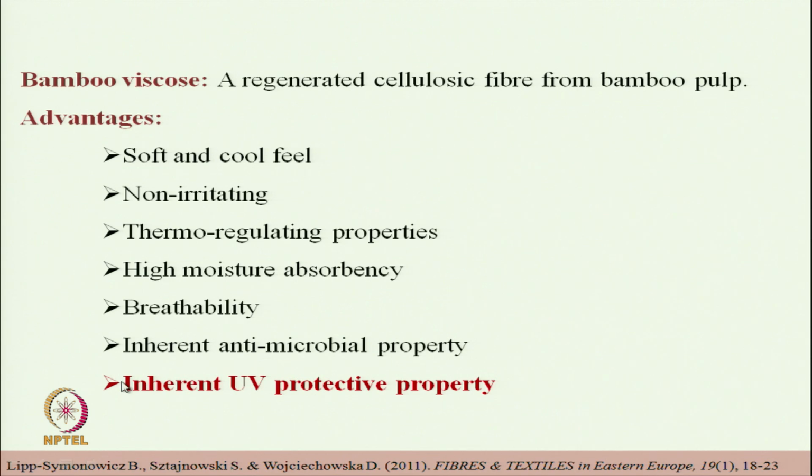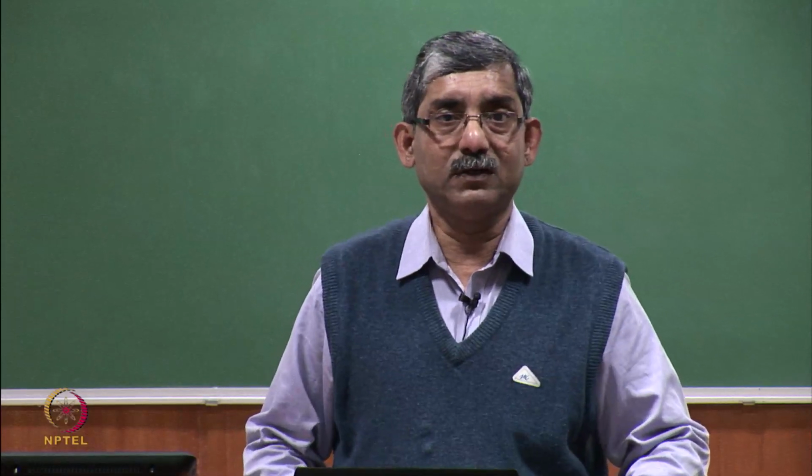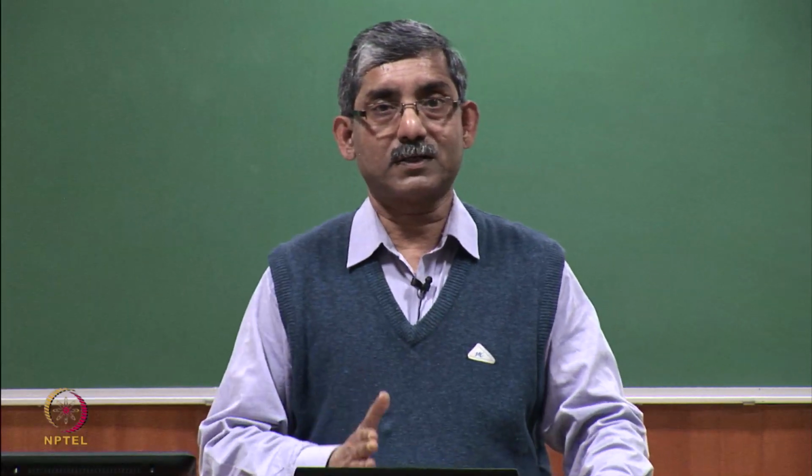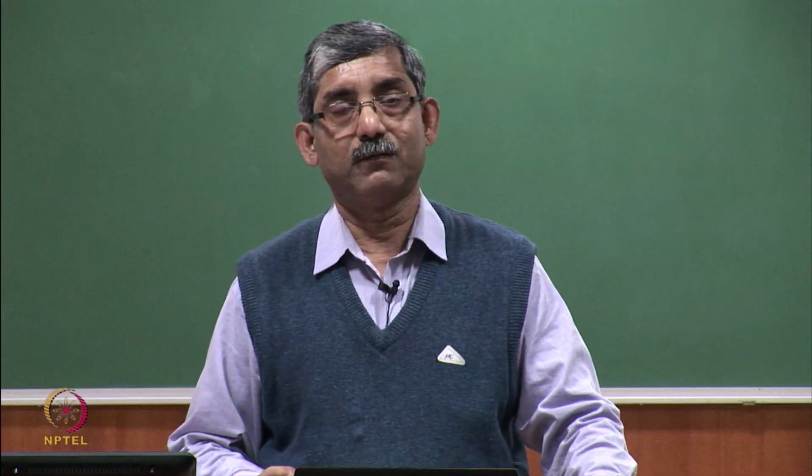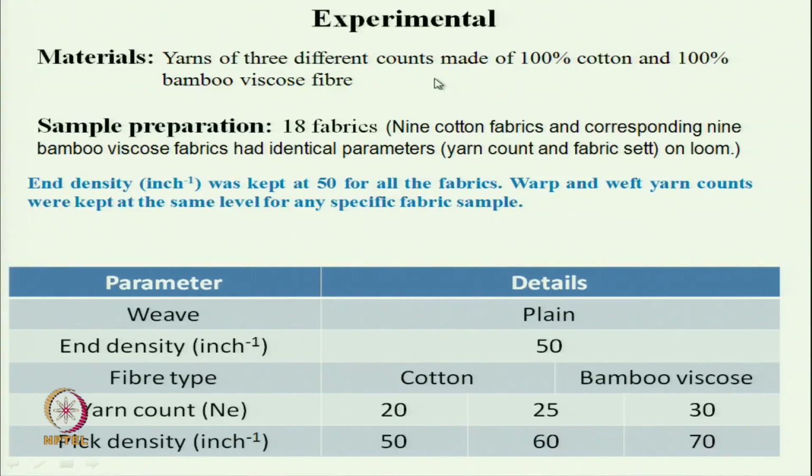So, in the present situation, as we are dealing with UV protective properties, the detailed study was carried out to understand the UV protective performance of fabric made from bamboo viscose fiber and cotton fabrics. So, 3 different counts of cotton and bamboo viscose yarns were taken.